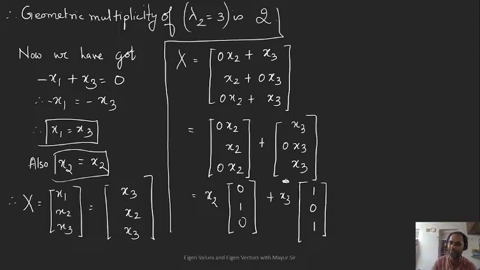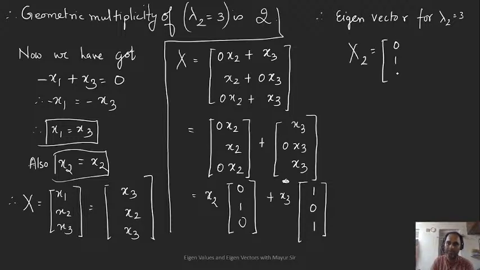Now, you see, we solved the whole thing only once and we got two answers. These are our two vectors, x2 and x3. So the eigenvector for lambda 2 equal to 3 is x2 equal to 0 1 0 and x3 equal to 1 0 1.